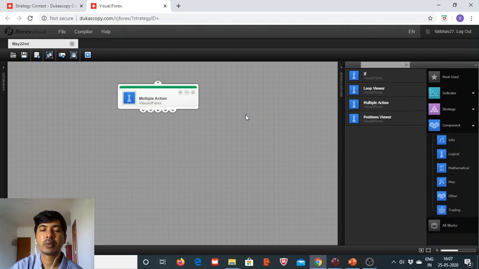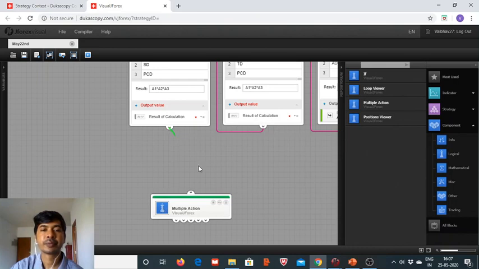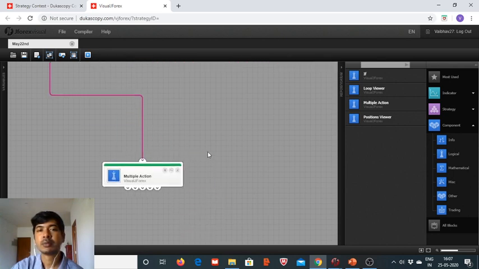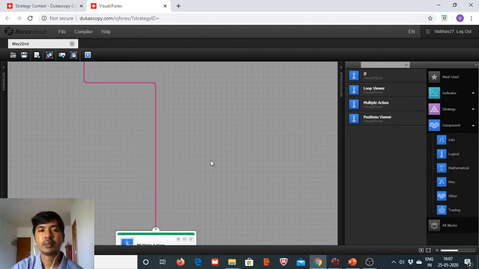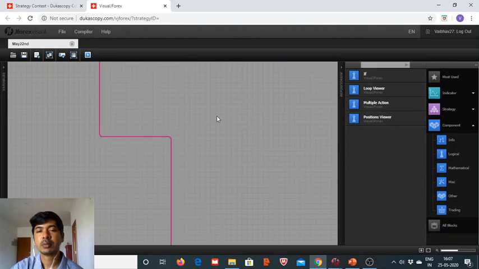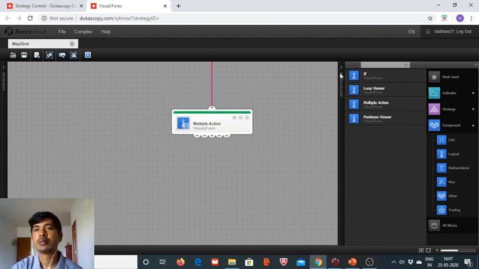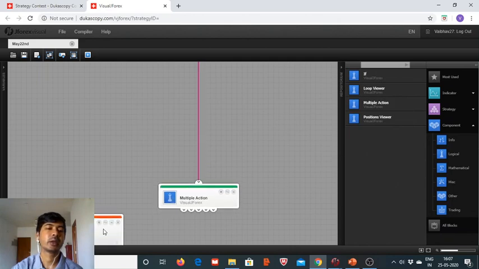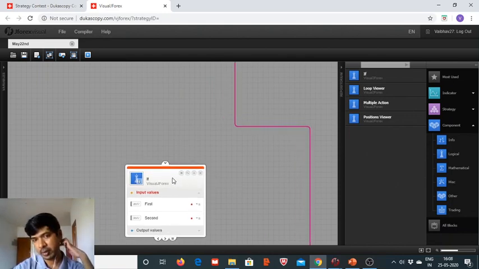Oh, we forgot to connect. Okay. If the minima or the maxima is rising, then the initial condition for the buy trade is fulfilled and it will move on to check for additional conditions.